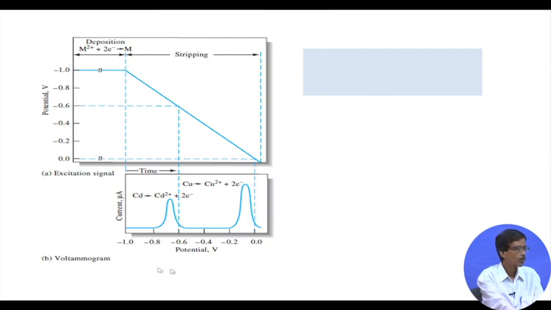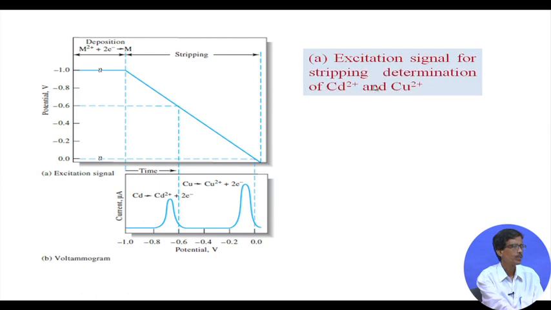So, you have the corresponding time axis, and this is your excitation signal, showing how much time you require. When we go for deposition, you require some excitation signal.